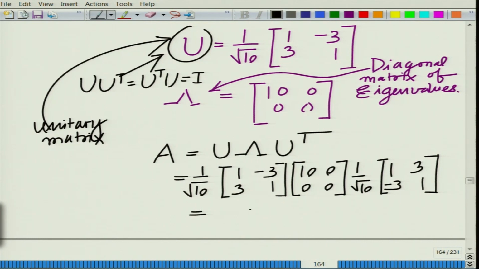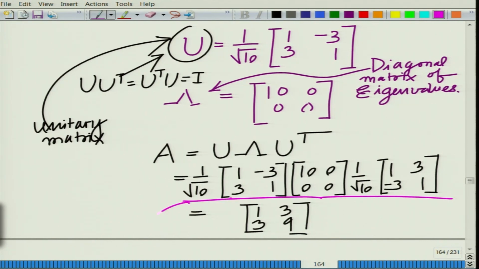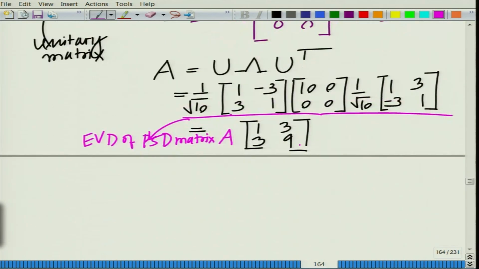If you multiply this, you will get back A. So, this is basically the eigenvalue decomposition of the PSD matrix, that is essentially U sigma U transpose, the eigenvalue decomposition of the PSD matrix A.